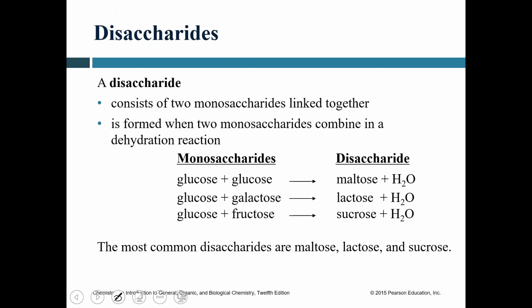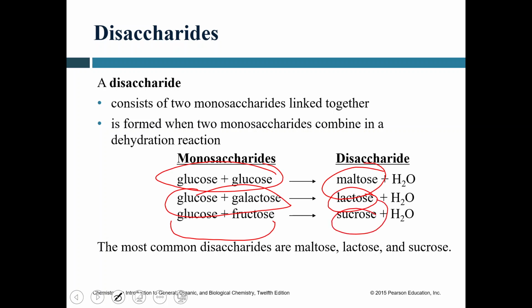All disaccharides consist of two monosaccharides linked together. When these two monosaccharides combine in a dehydration reaction, if those monosaccharides are glucoses, they will form maltose. Glucose and galactose will form lactose. Glucose and fructose will form sucrose.